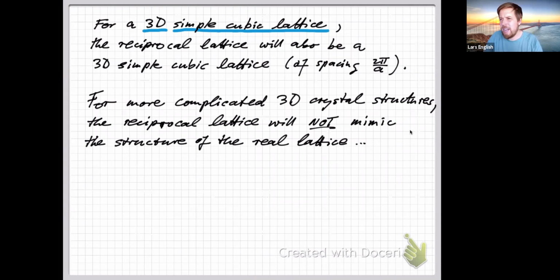And it turns out that the reciprocal lattice of that is a face-centered cubic lattice, where again you have the 8 corners of the cube, but now you have additional points on the 6 faces of the cube. So a body-centered cubic crystal transforms into a face-centered cubic crystal, and a face-centered cubic crystal transforms into a body-centered cubic crystal. So there's all kinds of weirdness going on as soon as you move away from the simple cubic lattice.